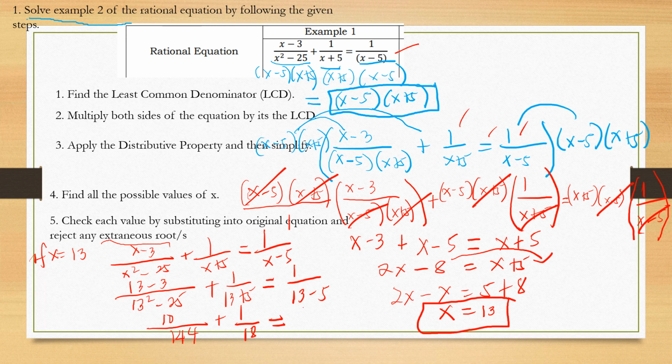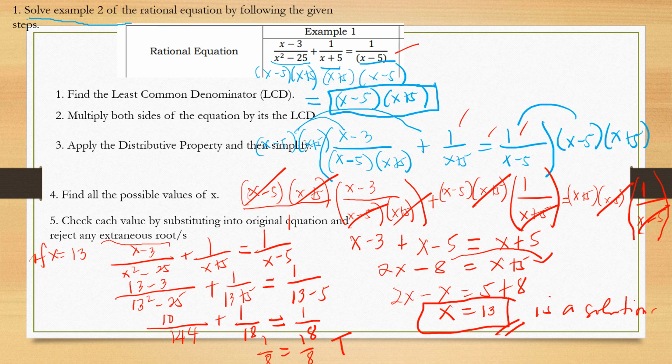equals 1 over 8. Adding 10 over 144 plus 1 over 18 gives us 1 over 8 equals 1 over 8. Since 1 over 8 is equal to 1 over 8 and this is true, therefore, x equals 13 is a solution.